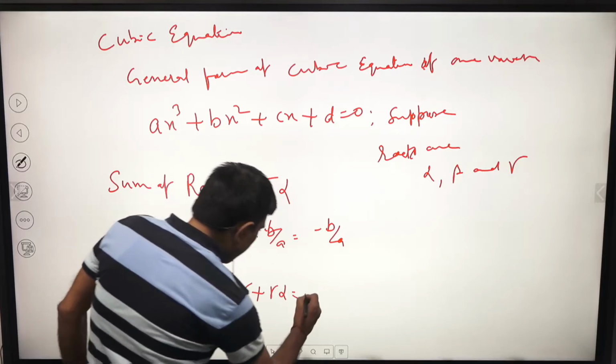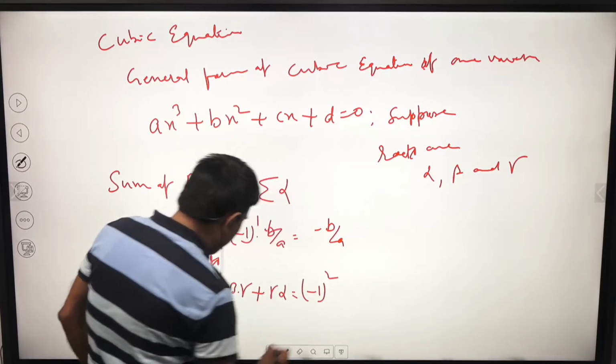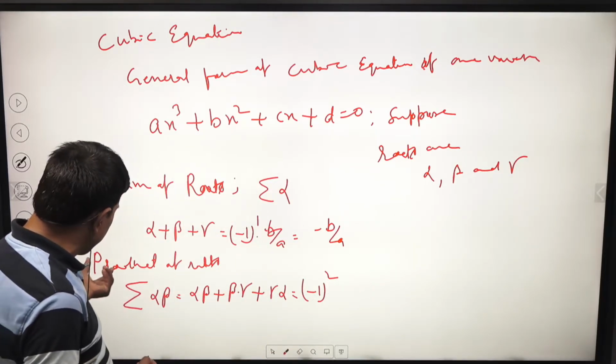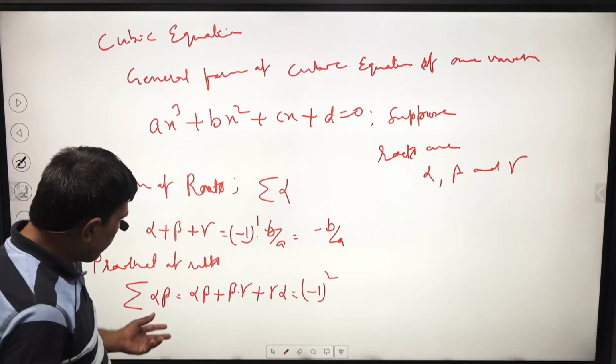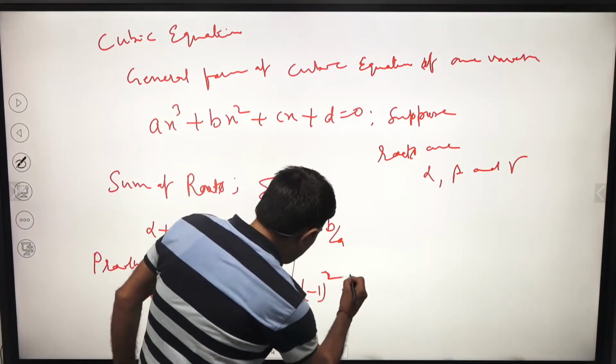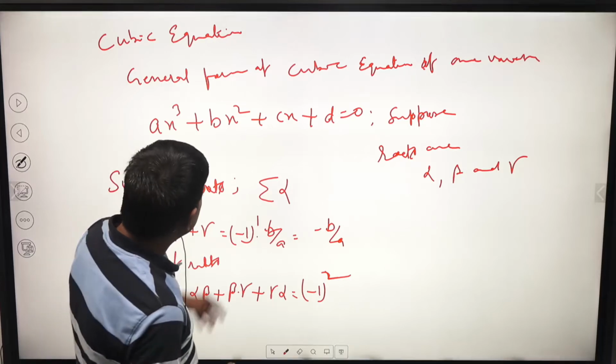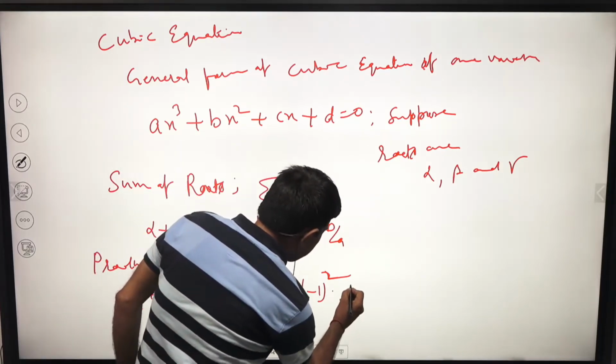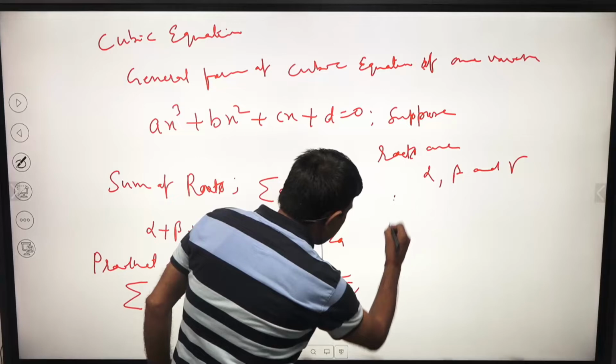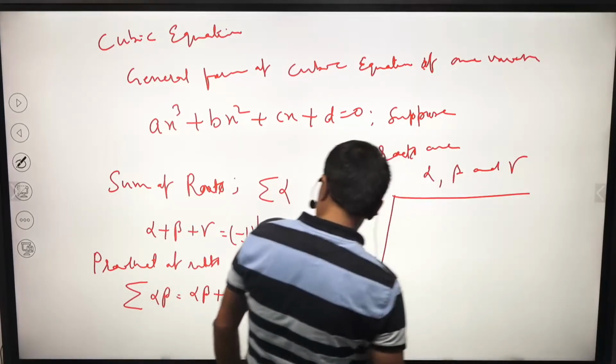That means minus 1 raised to the power 2, because we are taking the product of 2 roots, that is power 2. So that is c by a, here the third coefficient is c by a.